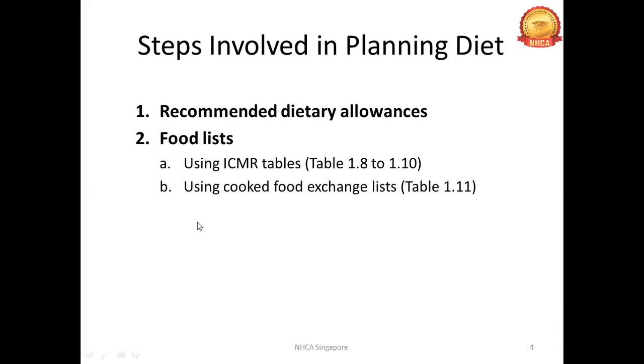Then coming to the food exchange list, which is on page number 24. Table 1.11, exchange list for 100 kilocalories.